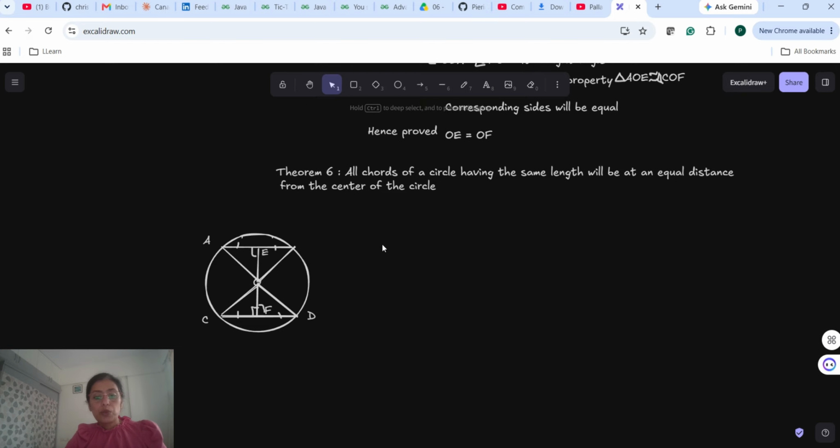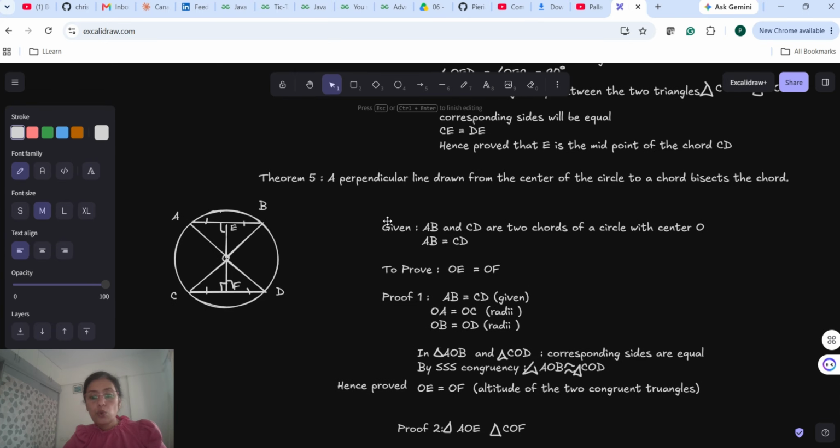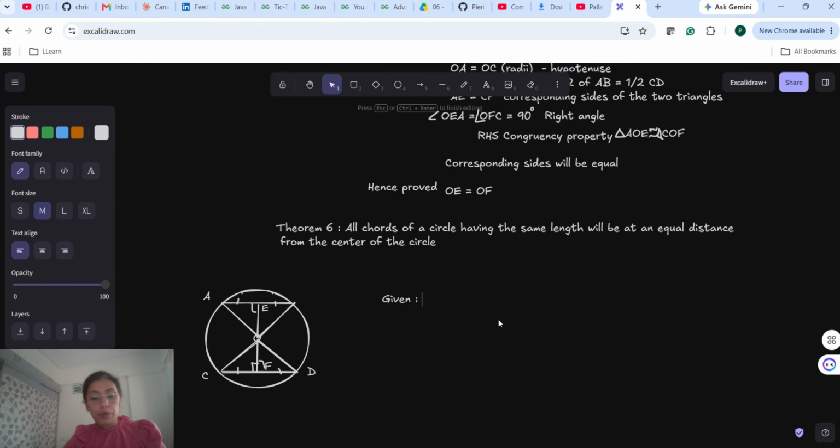So what do we need to do here? What is given? Earlier we were given that these two chords are equal and we had to prove that they are at an equal distance from the center. Here it will be opposite.